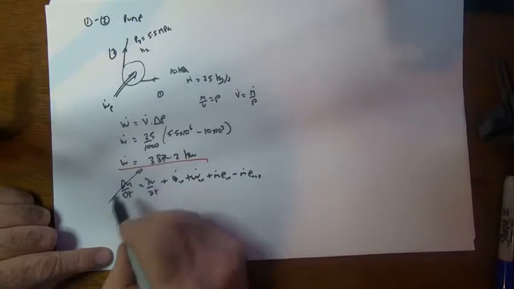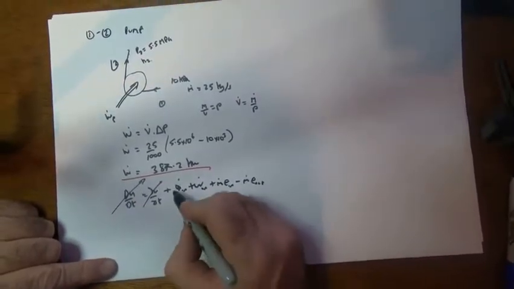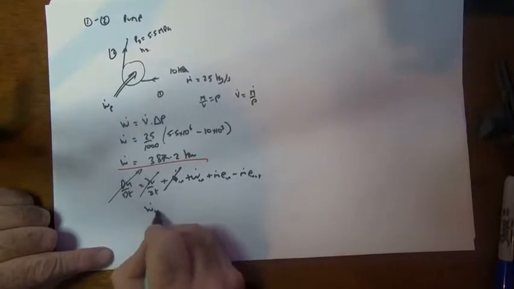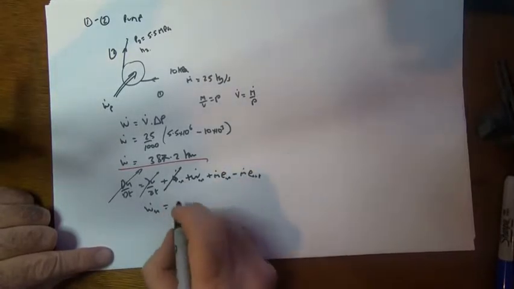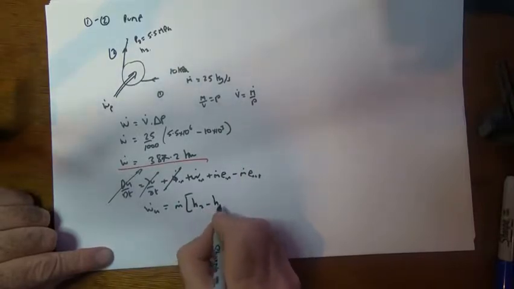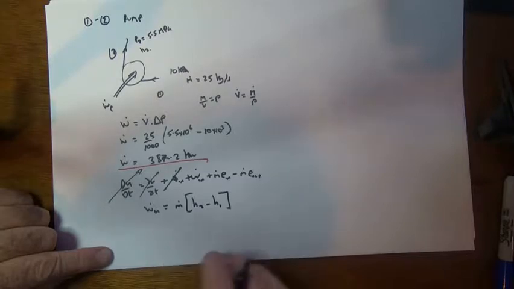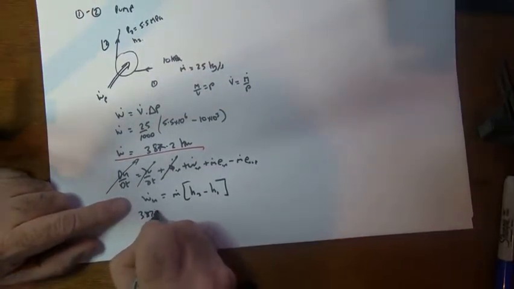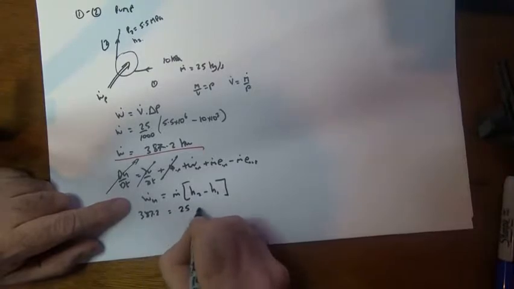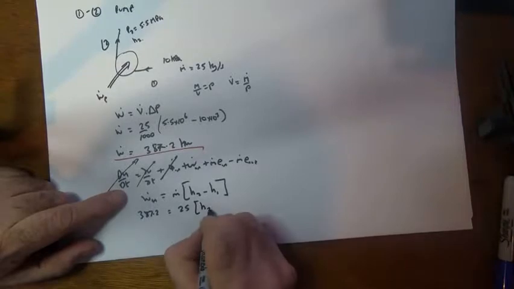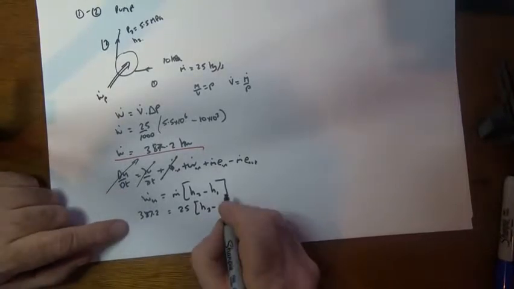I'm not storing energy in my pump, I'm not creating energy, there's no heat transfer shown, and there is work, so the work in equals, I bring these two to the other side, m dot energy out minus energy in, which is h out, h2, minus energy in, h1. So I do know my work already, 387.2 equals the 25 times the h2, which I do not know, minus h1.